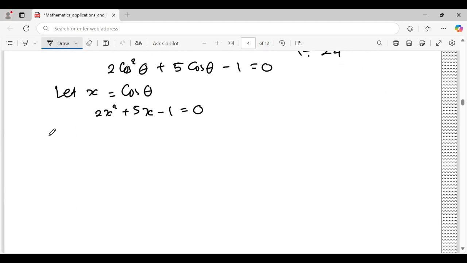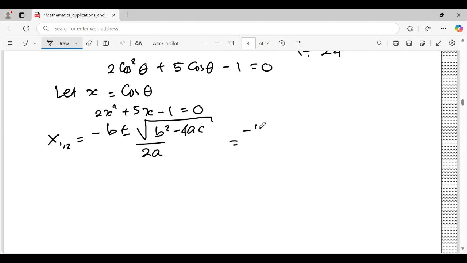Based on the x1 and x2 formula, minus b plus minus square root b squared minus 4ac over 2a.